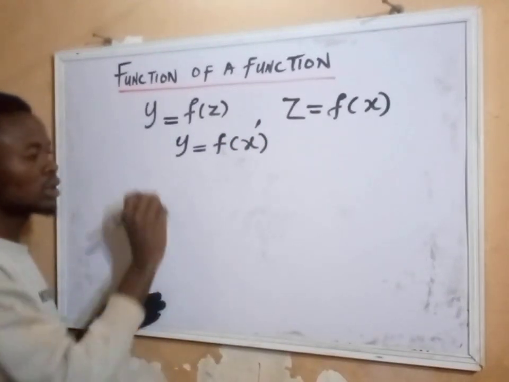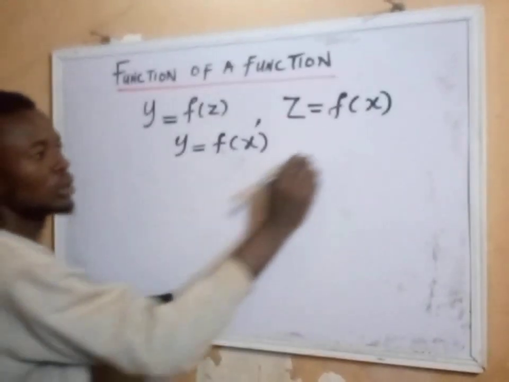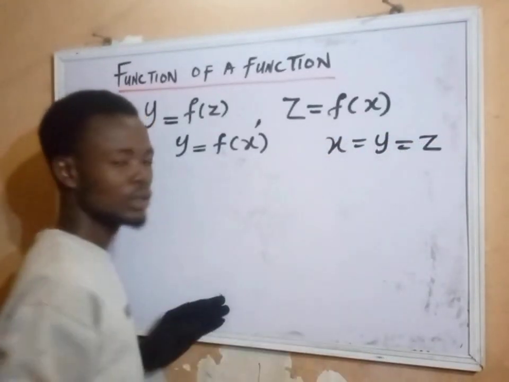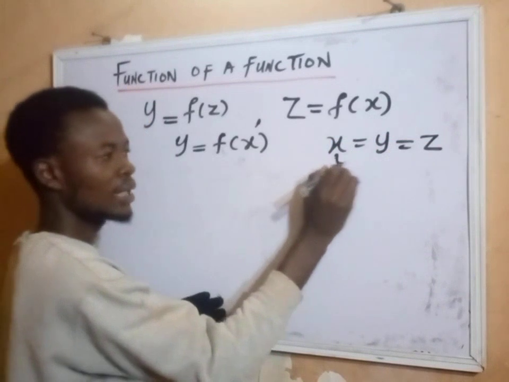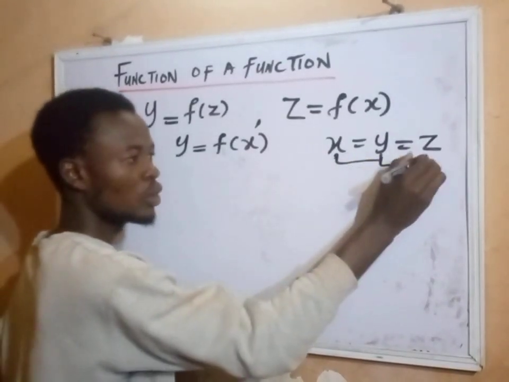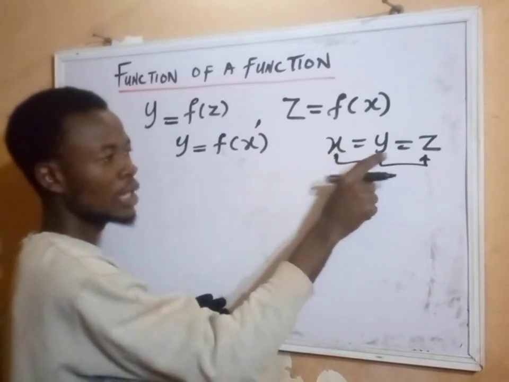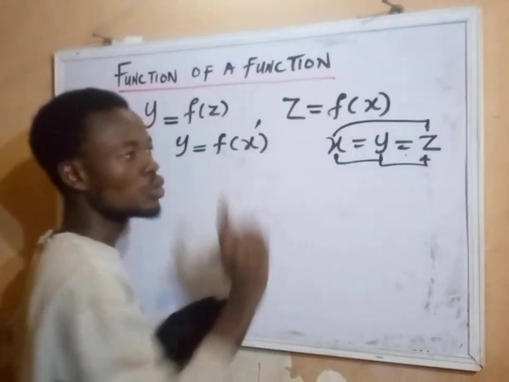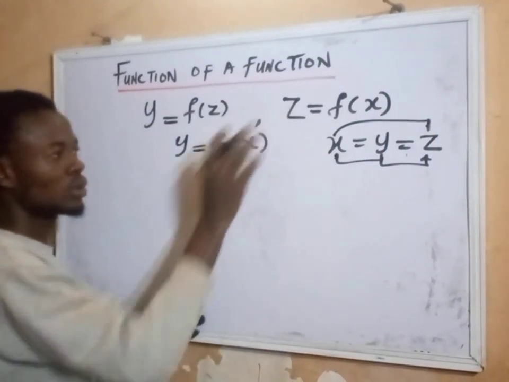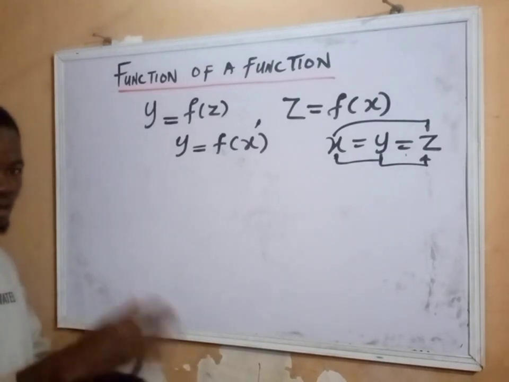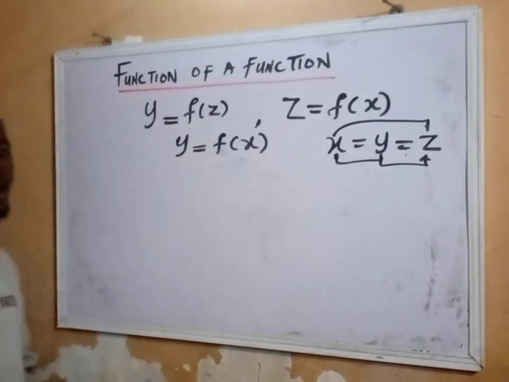It's just like if you have an assumption, let's say x equals y equals z, for instance. So x can be equal to y, as well as y can be equal to z. If these two are equal, definitely this and this are also equivalent. So that is what defines this particular function. So we have a chain of functions, a function in another function. That's what we mean by the word chain rule.